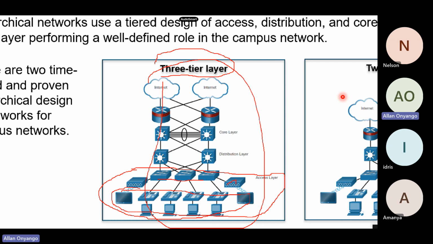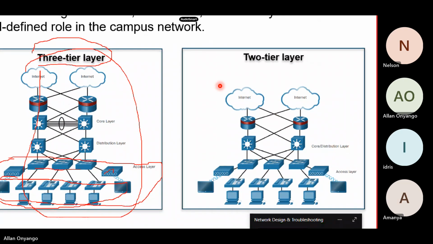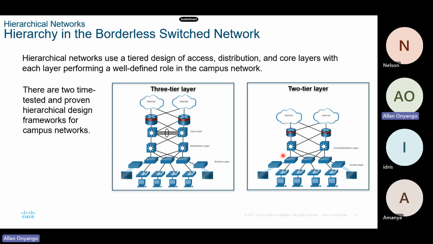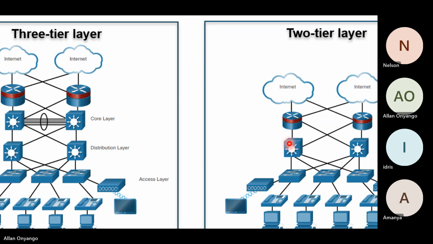But if an organization does not have enough resources, then they will go for the 2-tier. Now, in 2-tier, what happens is that these are organizations without enough resources.